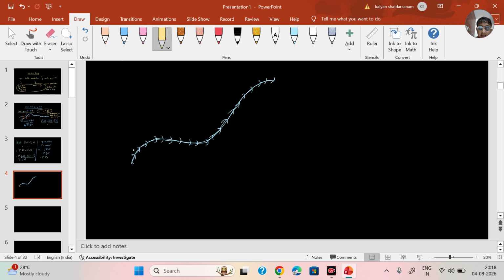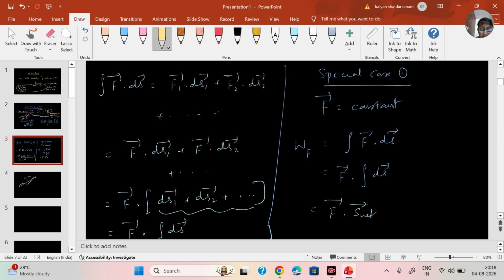So when you add all these by the polygon law, it will be this vector from the tail of the first vector to the head of the last vector. This is nothing but the net displacement of that particle or the body, or net displacement of that point where force is applied. Like the chewing gum example, net displacement of that point where force is applied.